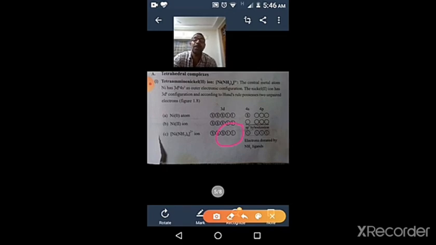So this compound exhibits paramagnetic behavior. This behavior is due to the presence of these two unpaired electrons in the 3d orbital. So this is the explanation by valence bond theory. We applied valence bond theory to this complex, tetraamminenickel(II). Next slide.